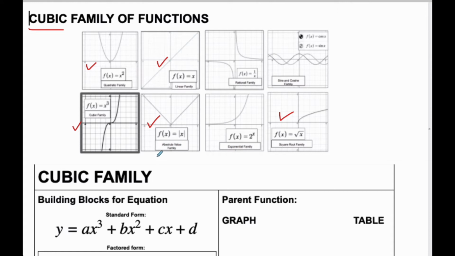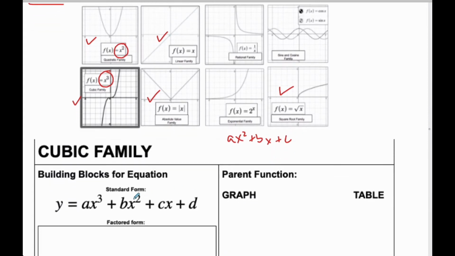So here we go. For the cubic function, the key is that it's x cubed. Similar to x squared being a quadratic, cubic is x cubed. For quadratics we also had ax squared plus bx plus c, and the same thing happens when we have our cubic functions as well.